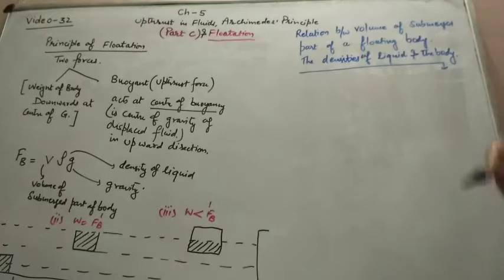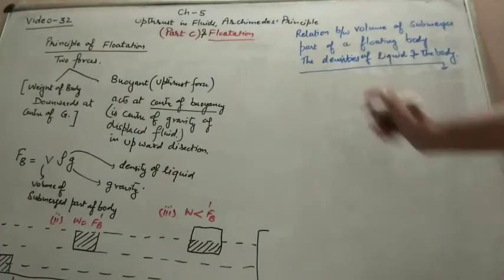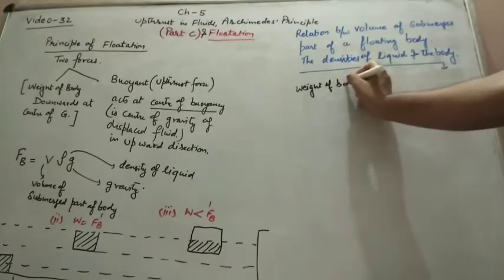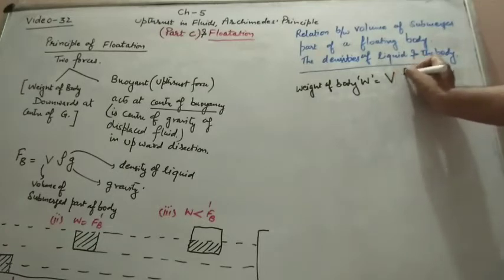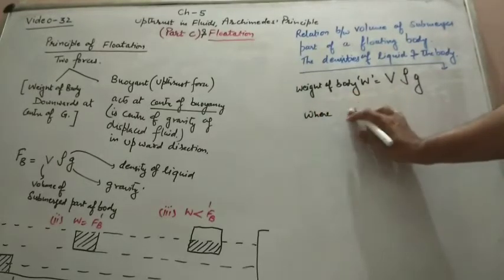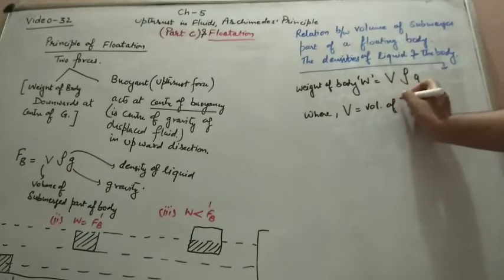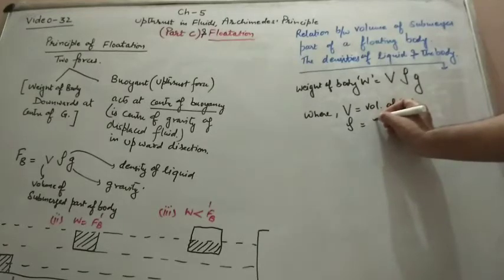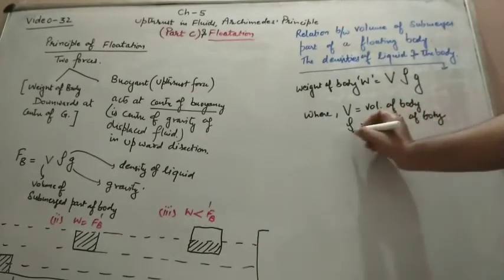In this case, let the body be floating with its volume v immersed inside the liquid of density rho L. So the weight of the body, let it be W, is equal to volume into density into gravity, where capital V is the volume of the body, rho is the density of the body, and G is the gravity.